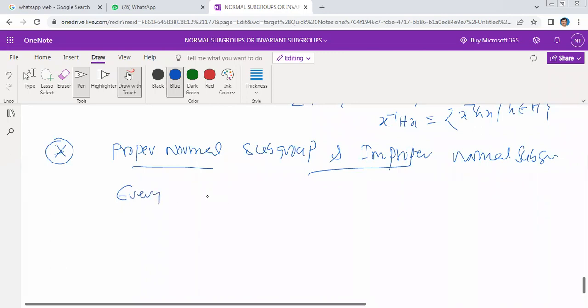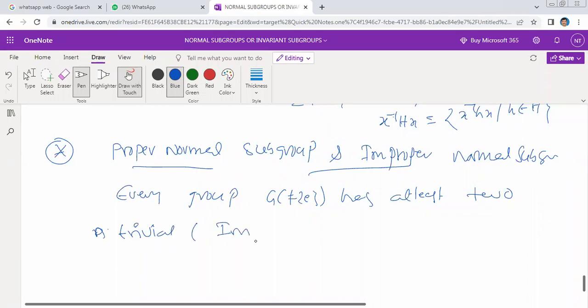Every group G, in case this G is not equal to a singleton set, not just the identity element alone, every group G not equal to singleton set has at least two trivial.